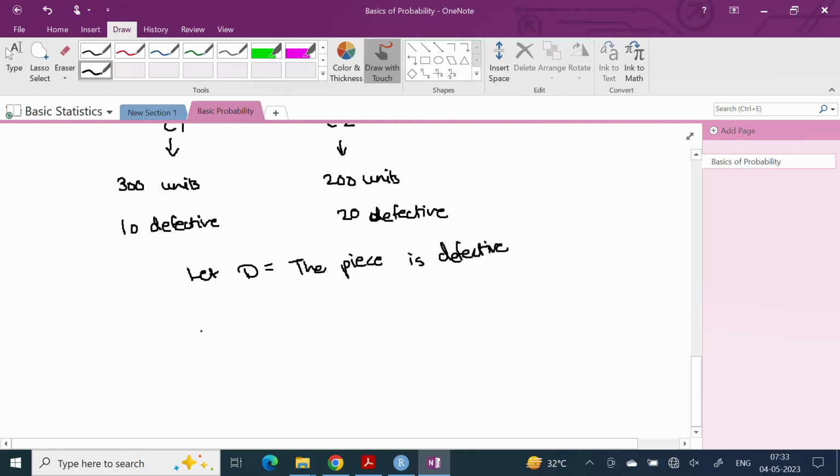So probability of getting an item to be defective given that it has come from company 1 is 10 divided by 300. Because out of all the items of company 1, how many are defective? Hence it is 10 by 300. Similarly, probability of an item being defective given that it has come from company 2 is 20 out of 200, because 20 were defective out of 200.